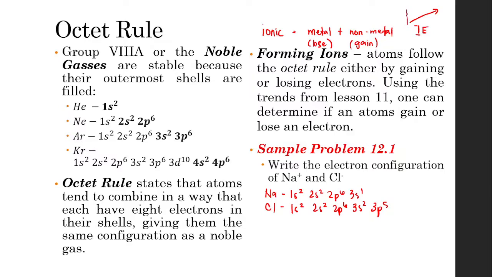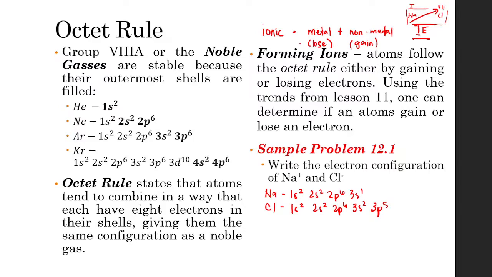If you look at the periodic table, Cl is found on column 7 while sodium is found on column 1, which tells you that chlorine has a higher ionization energy than sodium, which means chlorine is less likely to lose an electron because it requires more energy to lose an electron from chlorine than from sodium.